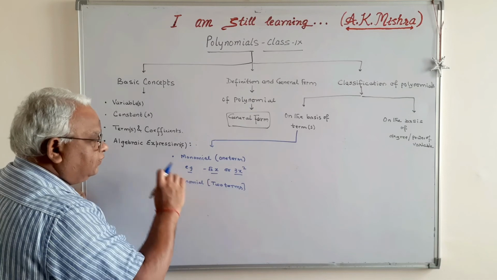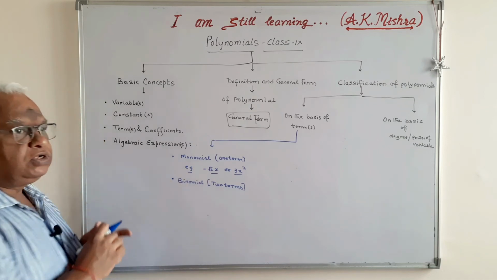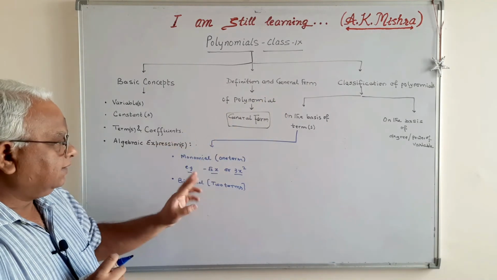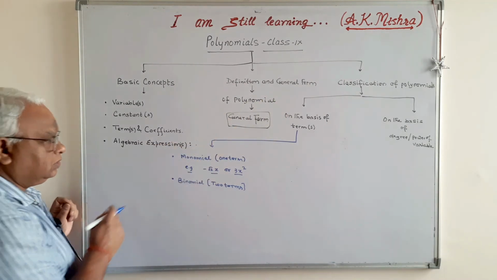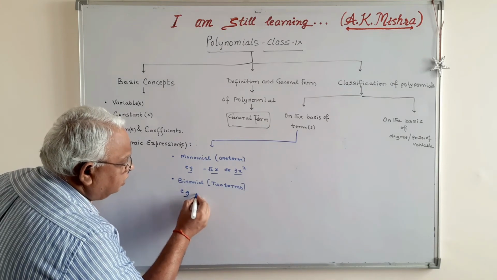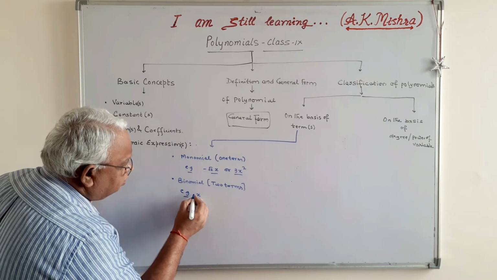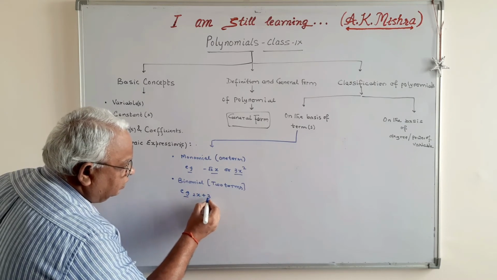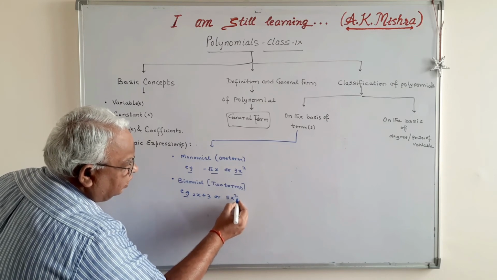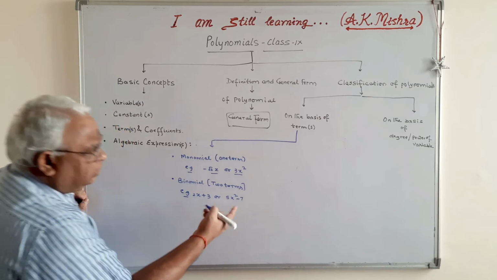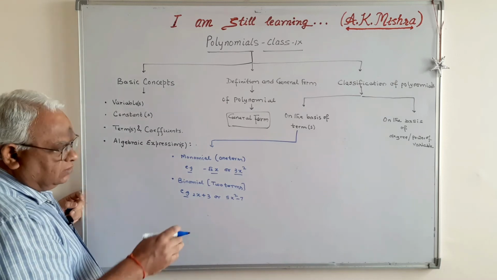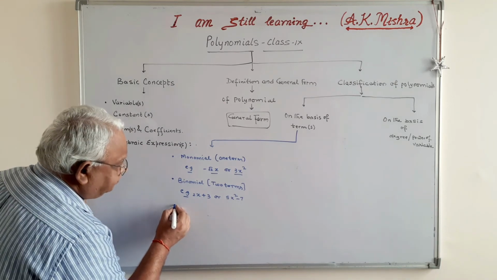Here my point of discussion is only with reference to polynomial, so you need to understand what I'm talking about. When you're talking about binomial, it means two terms, so here you can take 2x plus 3 or 5x square minus 7. These types of examples you can frame yourself. We'll be talking about all these in detail later on also.